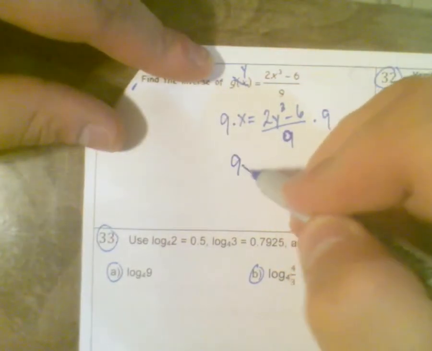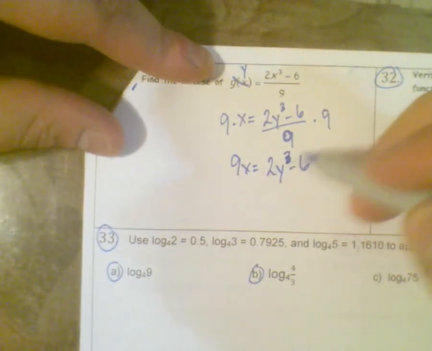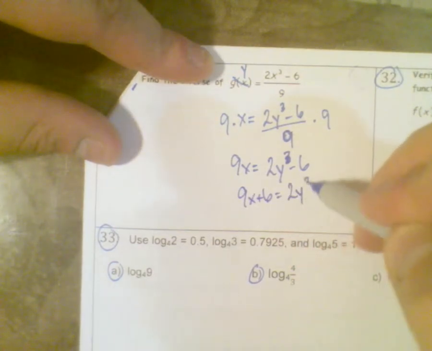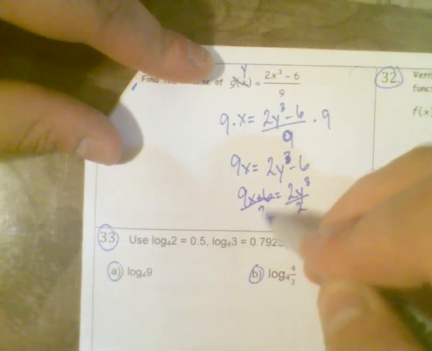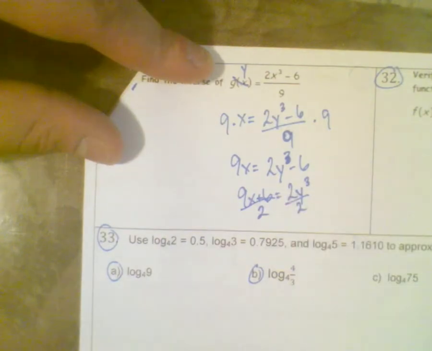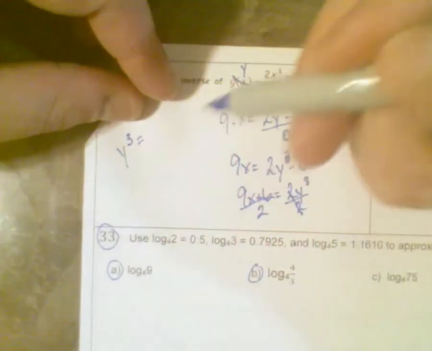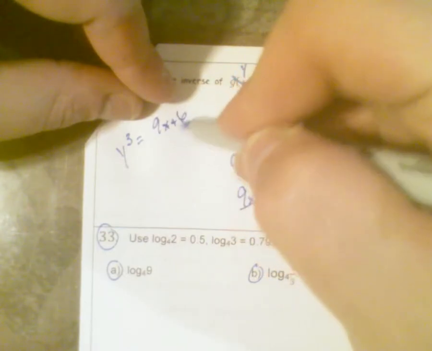And you get 9x equals 2y cubed minus 6. Okay? Move the 6 over. So it's 9x plus 6 equals 2y cubed. Divide everything by 2. And I'll just do it over everything. That's okay. You can split it up between all of them or do it under everything. And then we have y cubed equals (9x plus 6) over 2.